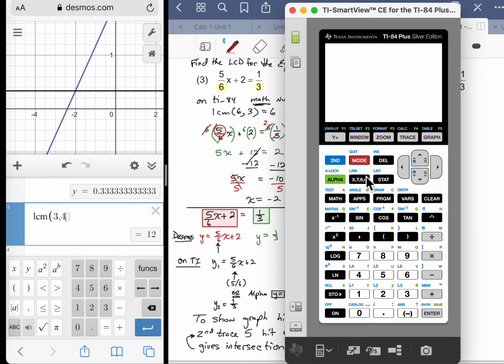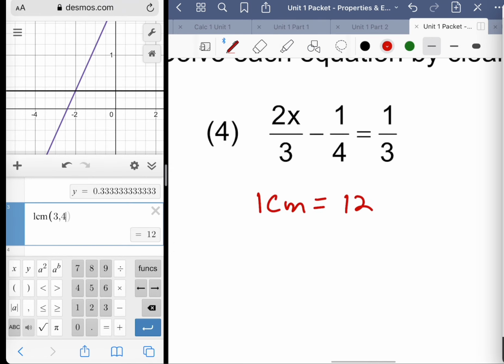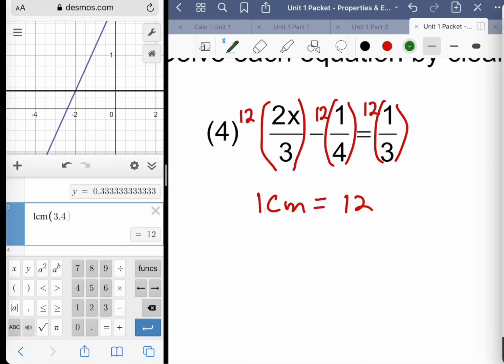So quit, second mode to quit. Math, NUM, option 8, 3, 4, lock it in. All right, lock it in by hitting enter. You start getting used to the way I say things, and you start understanding what I mean when I say things like lock it in. That means hitting enter. It's just a way of speaking that doesn't always land.